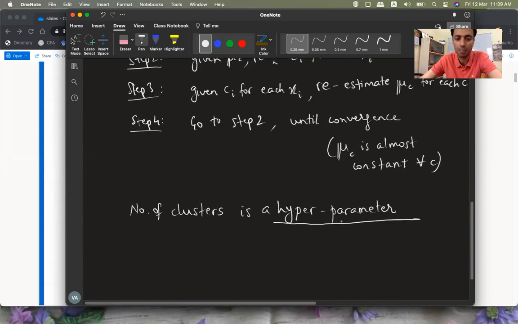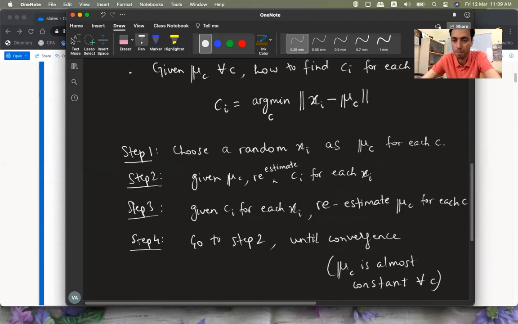So we have to use some other mechanism to tune this hyperparameter, and that mechanism varies from application to application. If my application is just, okay, I can do a visual inspection, that is all right. Otherwise, these clusters are used for some next task, then the accuracy of that task can help me tune this hyperparameter, right? Is that clear?